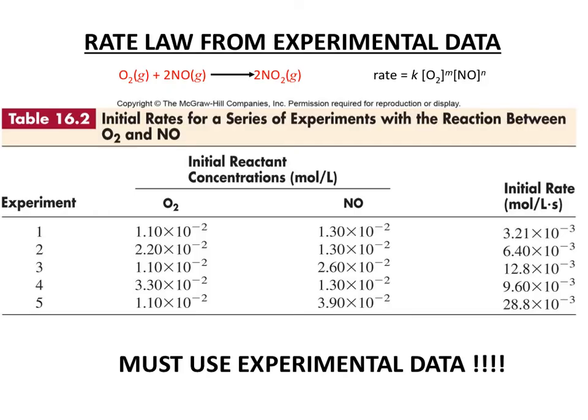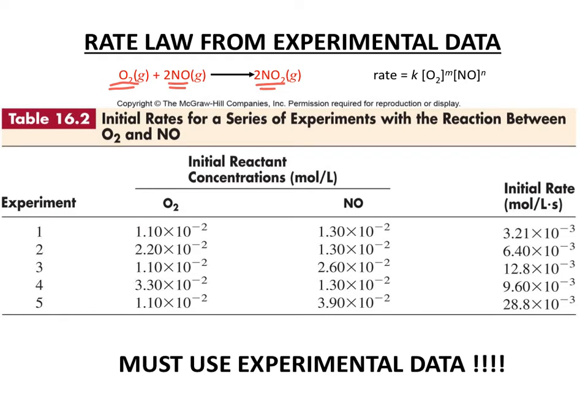Okay, so we'll take another look at writing the rate law from experimental data. The equation this time is the reaction between oxygen gas and nitrogen monoxide to produce nitrogen dioxide.